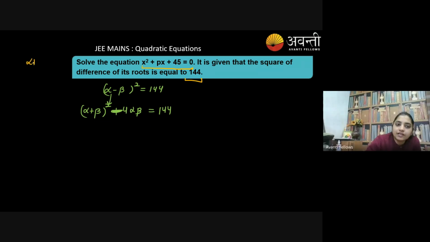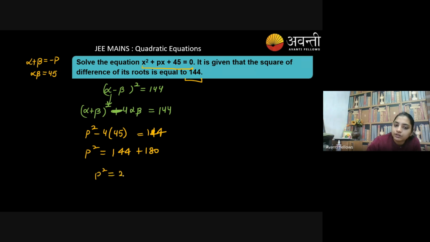So this equation gave me alpha plus beta is minus p and alpha into beta is 45. So it means p square minus 4 into 45 is equals to 144. So p square is equals to 144 plus 180. So p square is equals to 324. So p must be plus minus 18. Agree?